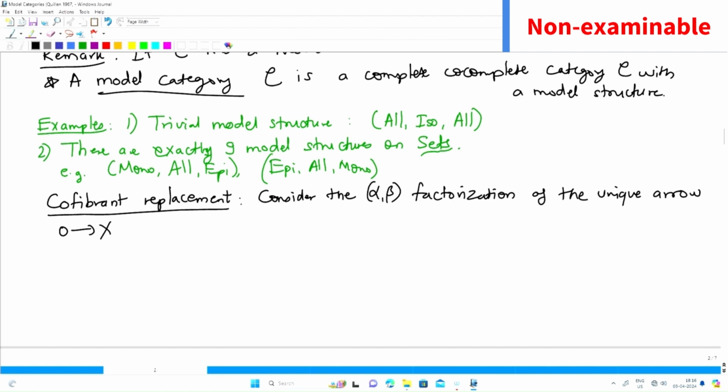What will it look like? It will look like this: 0 to Xc to X, and in order to denote that there is a weak equivalence happening, I am writing this tilde sign. So what I am saying is that the map from 0 to Xc is a cofibration.